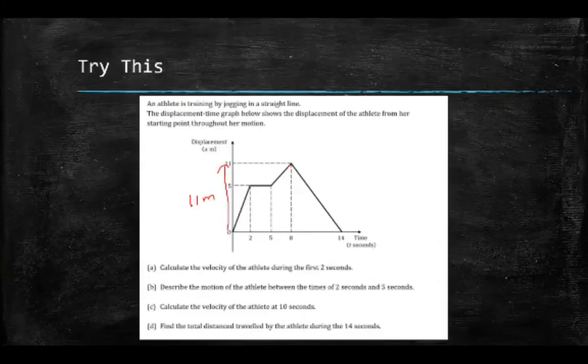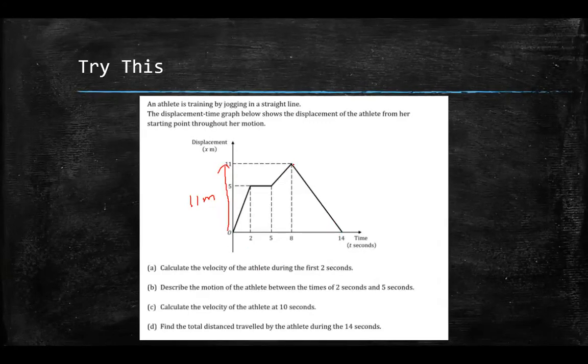And then she actually ran the 11 meters again, because she went from here back down to her starting position. So that's 11. And let me just draw a straight line down here. 11 and 11 is 22. So her total distance traveled is actually 22 meters. Do you understand that? Okay.